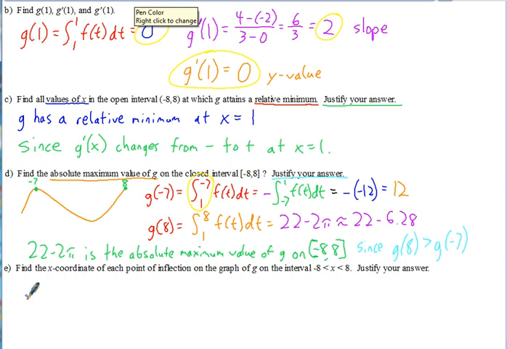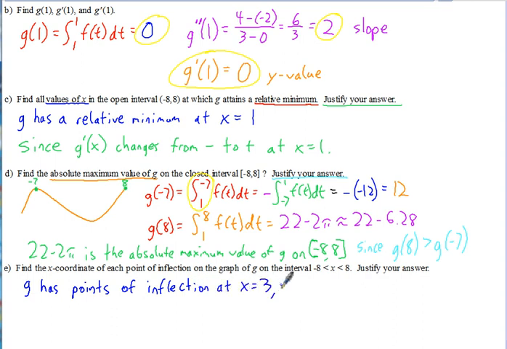So we can say g has points of inflection at x equals 3, x equals 5, and x equals 7.